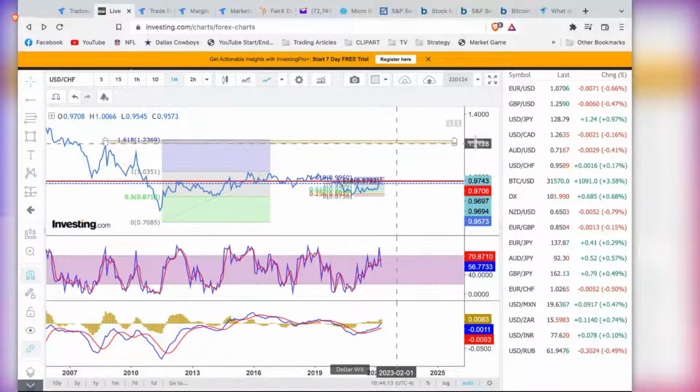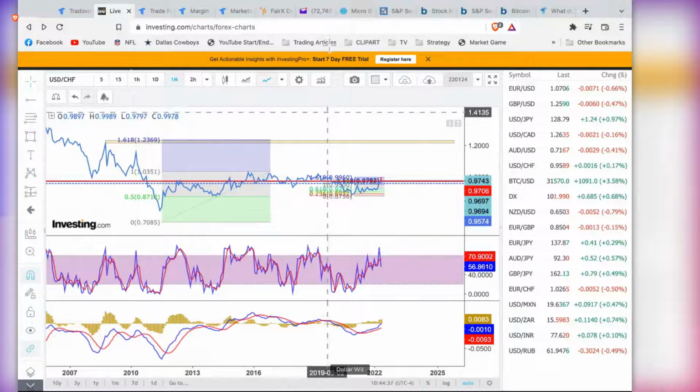Okay. This push up here with the dollar and the Fed telling you that they're going to have X number of rate hikes. I mean, when they tell you we're going to have 5, 6, 7 interest rate hikes, that's telling you right there that they're looking at long range charts. They're looking at all of this stuff.